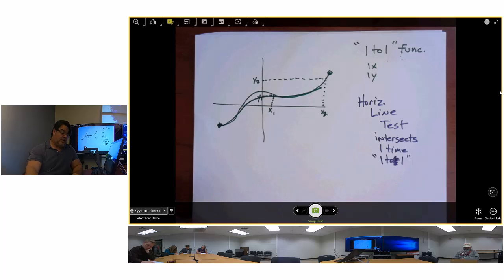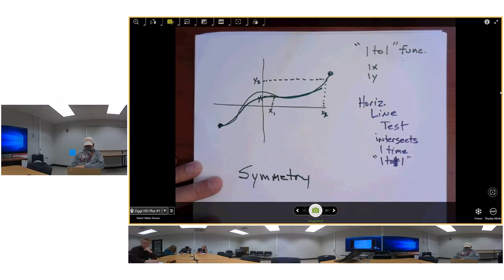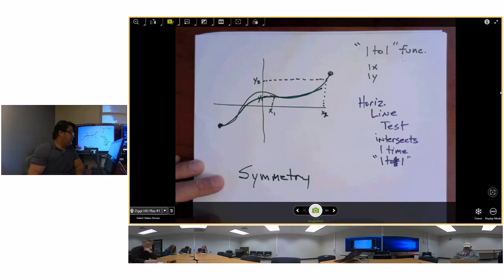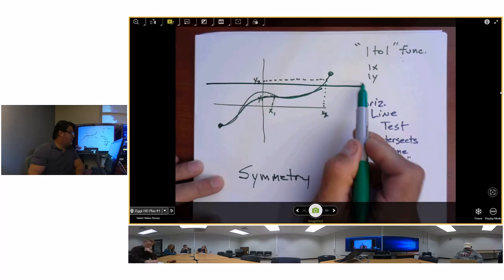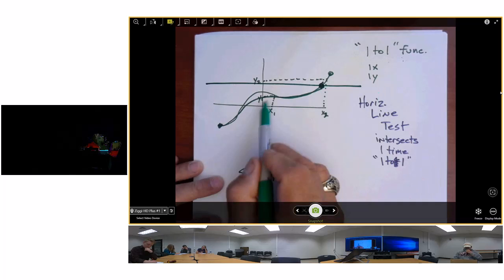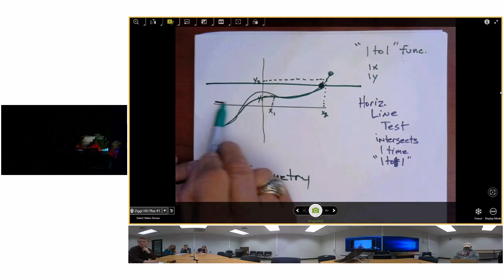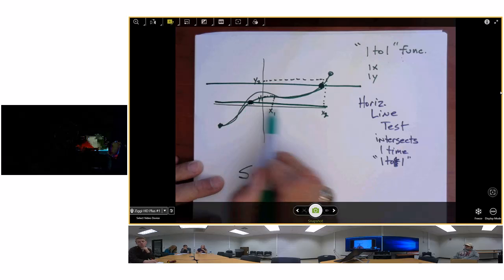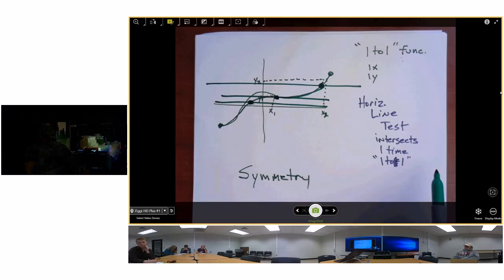And the reason we're getting into one-to-one functions is because of symmetry. So if you draw a line through this function, you only hit it one time. That's why I had to redraw this, because that would have been twice. It only hits one time.